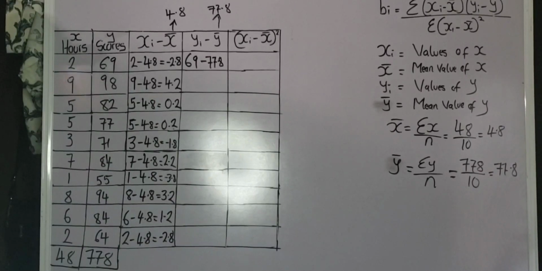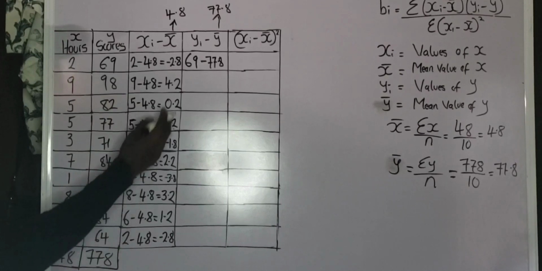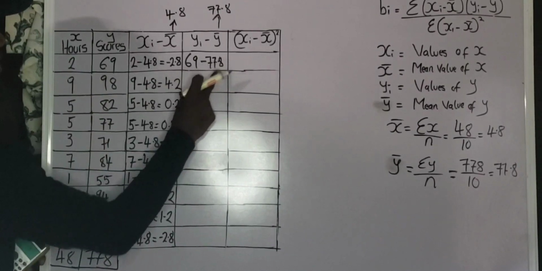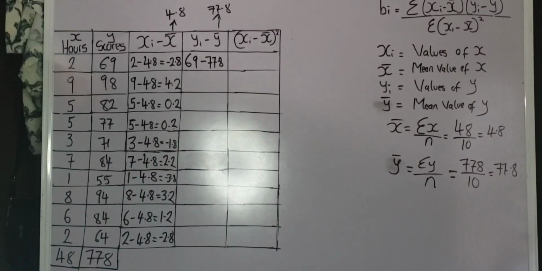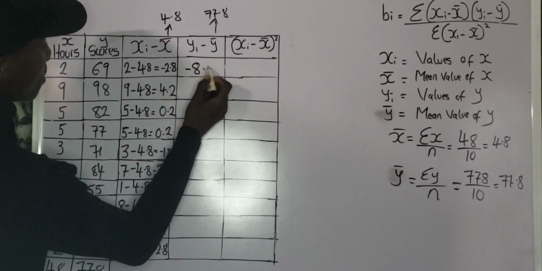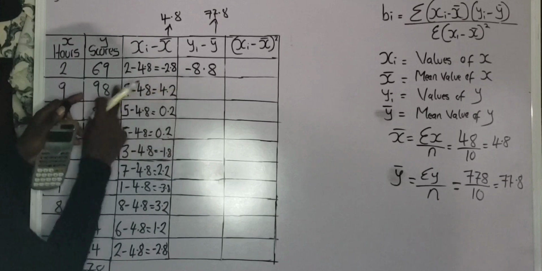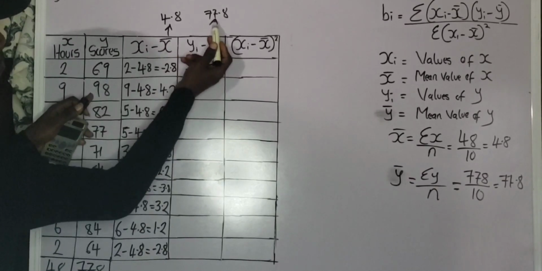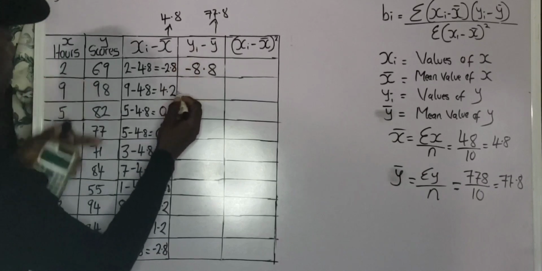Ordinarily, if I'm solving in the exam, I don't have to put this. So now let us proceed. The value for these cells will be 69 minus 77.8, so you are going to get minus 8.8. And the value of these cells is the value of y, which is 98, minus the mean value of y, which is 77.8. That will give us 20.2.